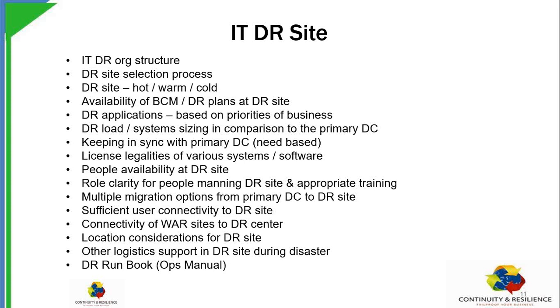You will try to identify what is best for you, and you identify that based on the RTOs your process has, and the kind of commitments you would get from management in terms of cost, etc. Availability of BCM or DR plans at the DR sites is very, very critical. Most companies fail here.